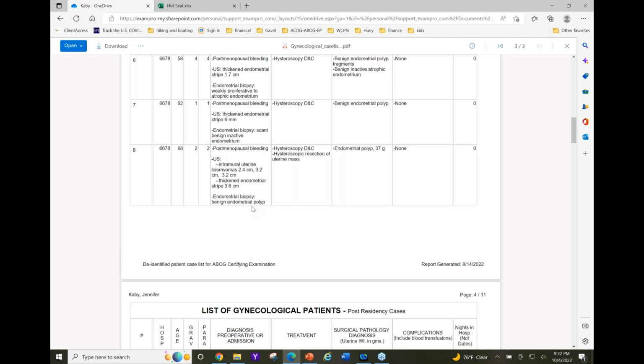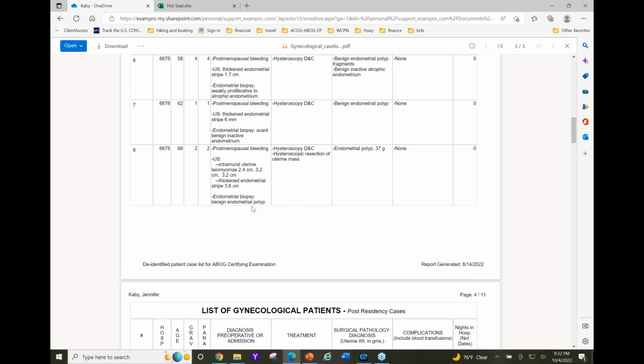Now, the other thing, one thing I think that we often misinterpret is the 4 millimeter threshold of the endometrial thickness. I think it's probably overstating it to say that 4 millimeters or less is normal and 5 millimeters or more is not normal.